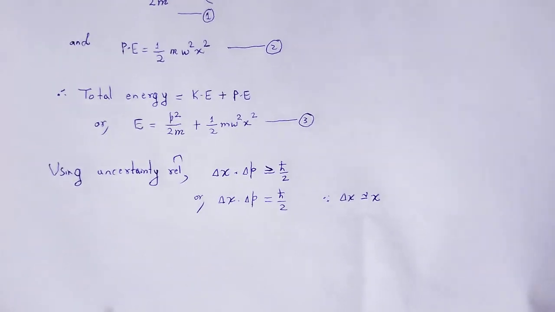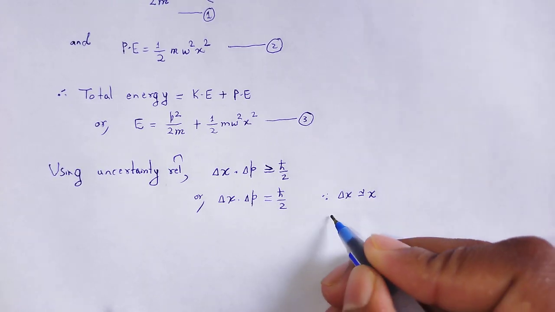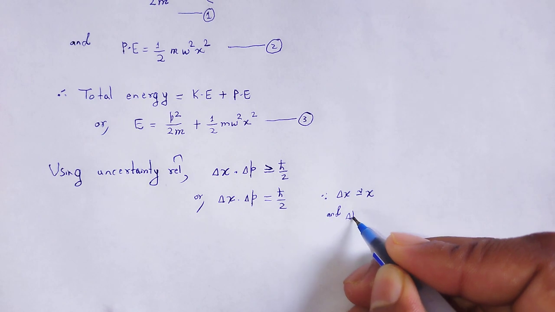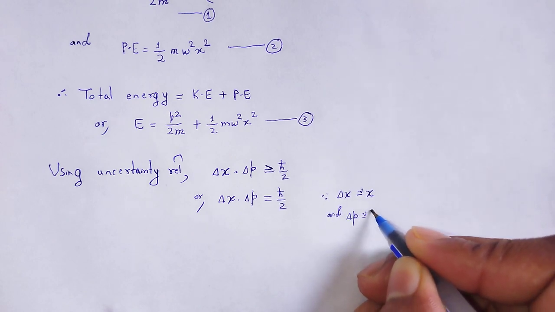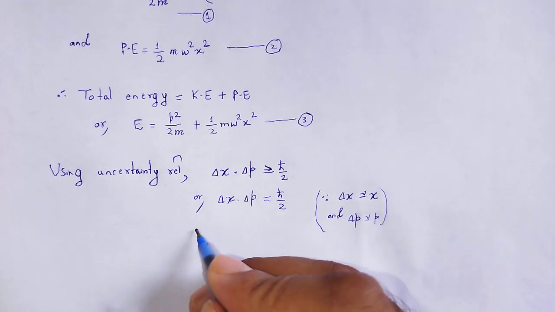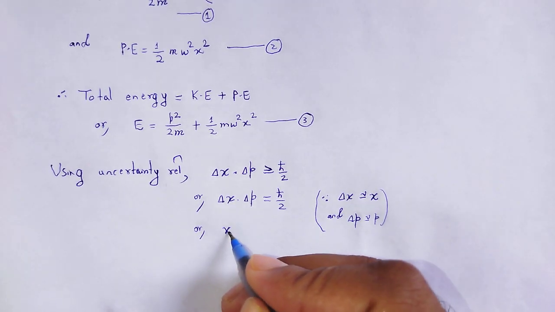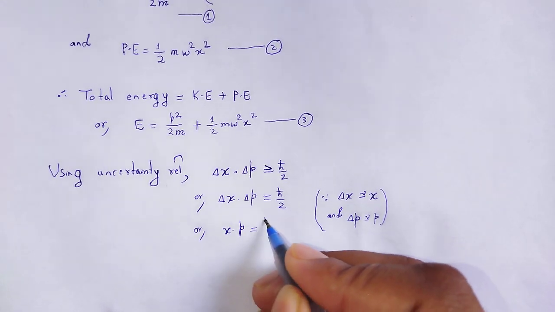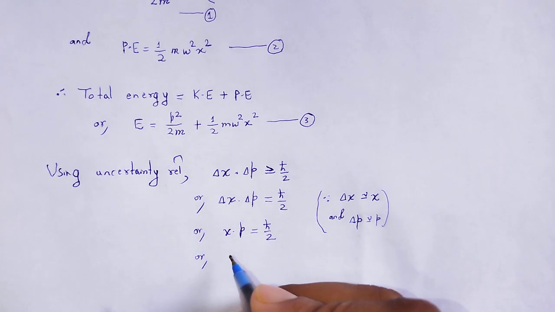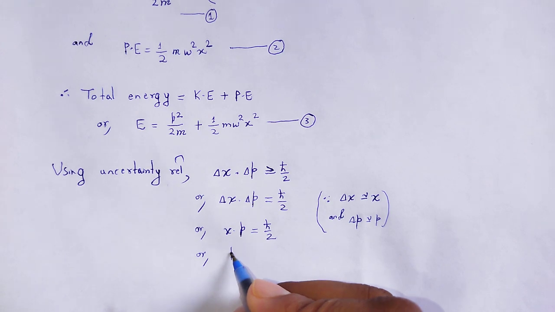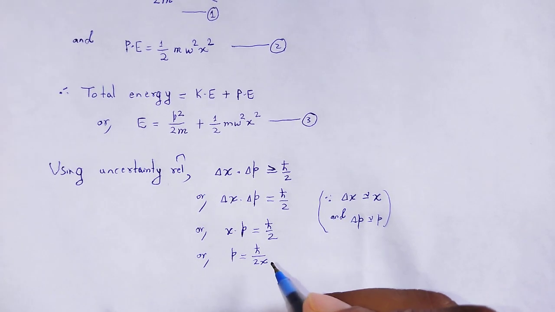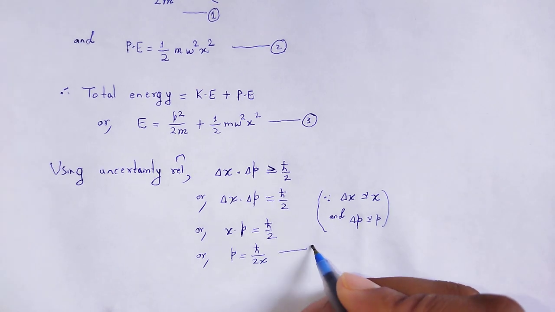So, uncertainty in position is x and uncertainty in momentum is p. Therefore, x into p is equal to h cut by 2. From that relation, we can write p is equal to h cut divided by 2x, equation number 4.